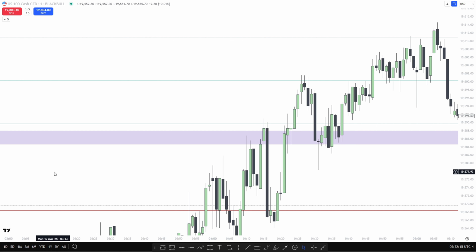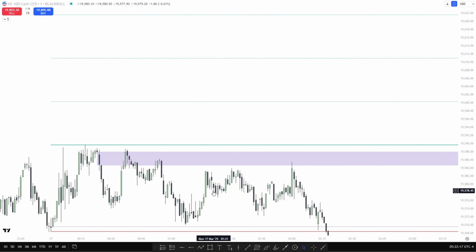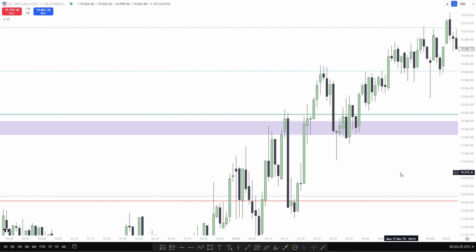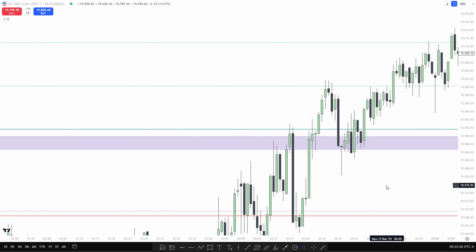Also, look at the characteristics of this CB. There is a volume imbalance on the bottom of it, and there is a volume imbalance on the top of it. See here, when we traded up through it with this green up close candle, we left another volume imbalance at the bottom.